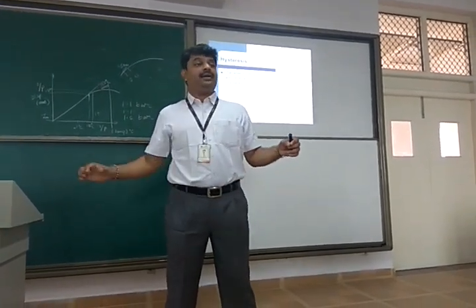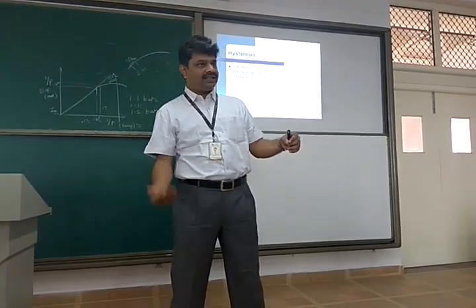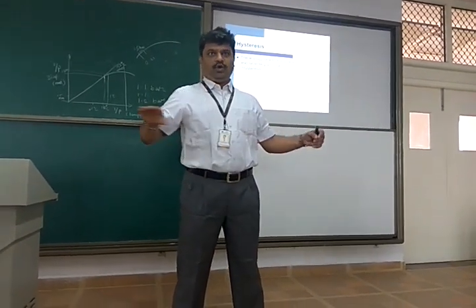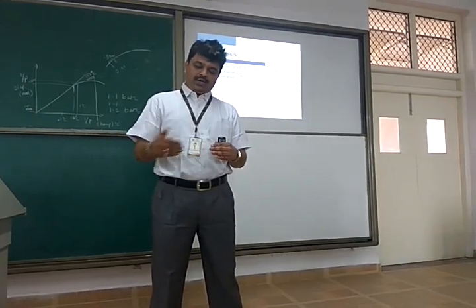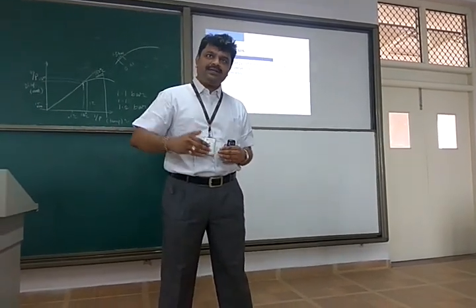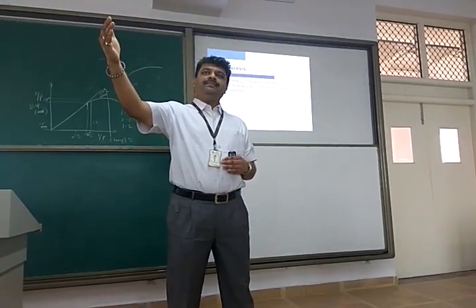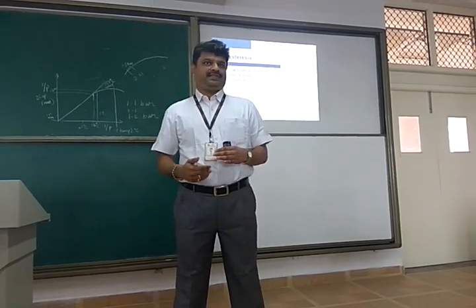And keep removing 100 grams each time, 90 grams, 80 grams, like that, until 0 grams is reached. Whatever you kept loading, that is the forward loop, forward path. What you kept reducing, that's the reverse path.